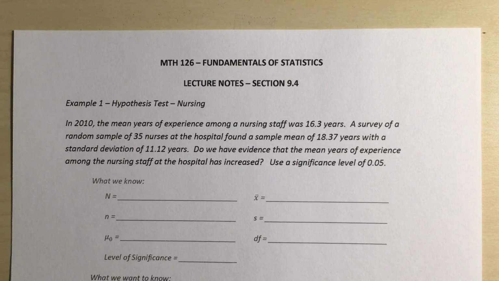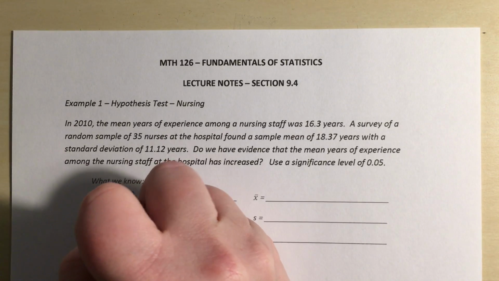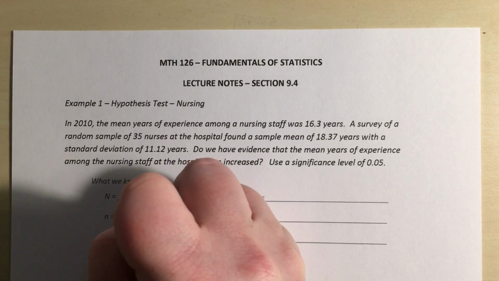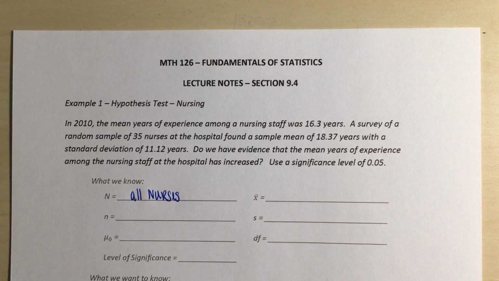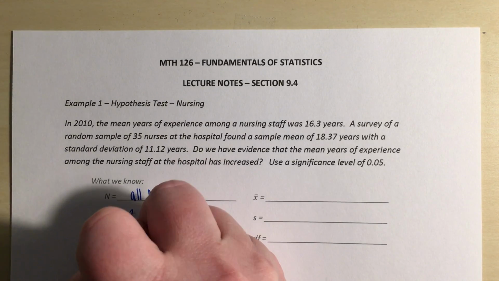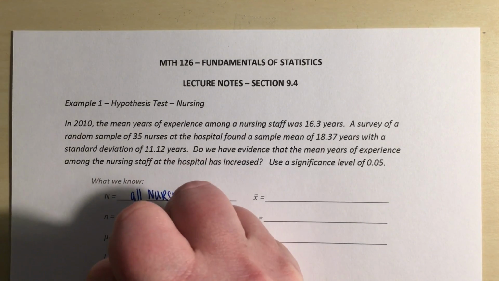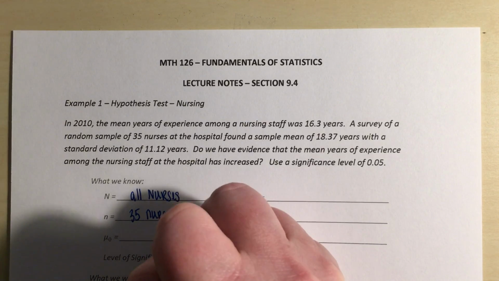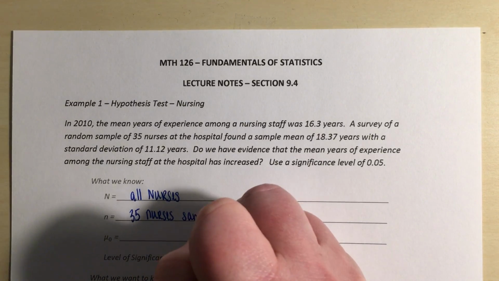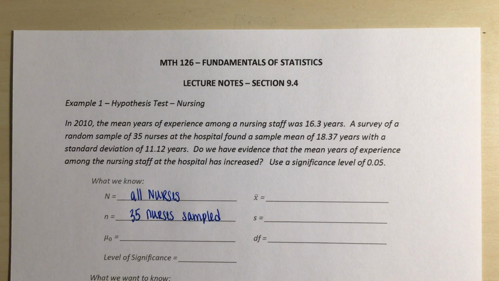So we're going to start by listing everything that we know. Our population is all nurses at this particular hospital. Our sample size, 35 nurses sampled. Our mu-naught is the mean from 2010.